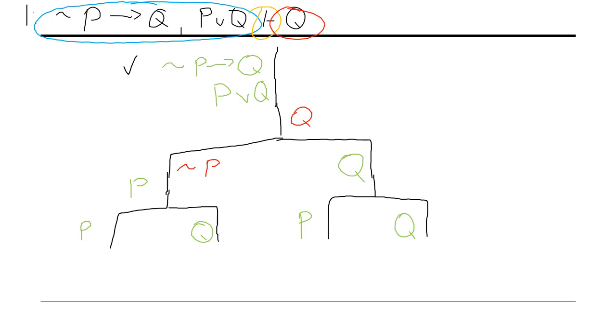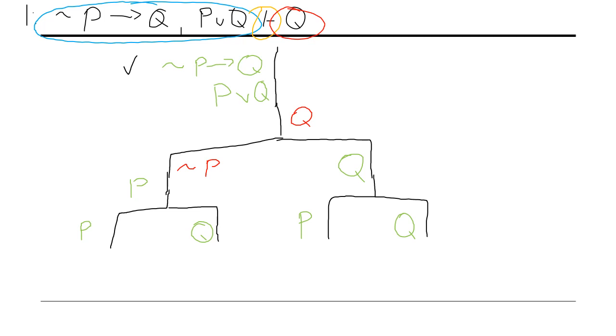So let's look at our different branches here. Remember, the whole idea of doing truth trees is to determine whether or not the sequence is valid or invalid, and we determine that now by going back through each of the branches and seeing if there is a contradiction.